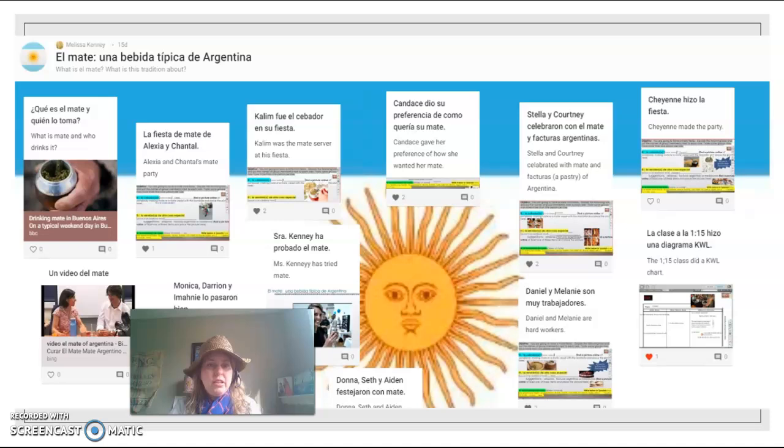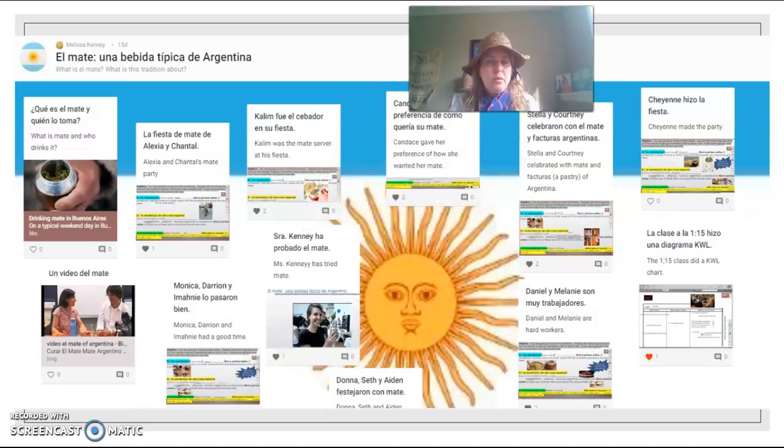We had a class where we talked about mate, which is a typical drink of Argentina. I included in this Padlet an article about mate. So in class, students had to watch a video on mate. We discussed it. But if they wanted to dig a little deeper and find out more about the topic for some extended learning, they could read this article.